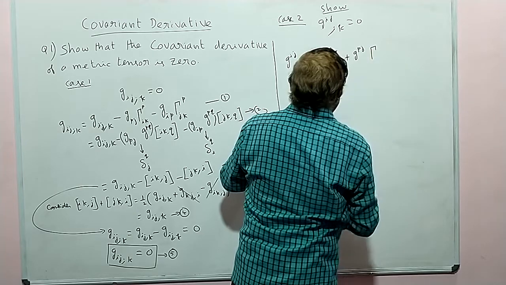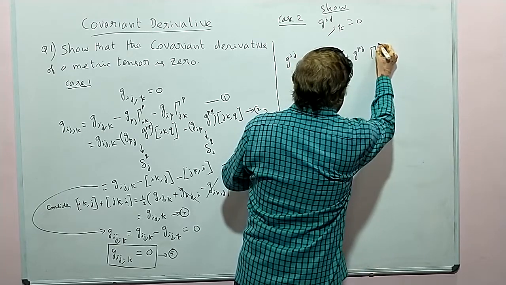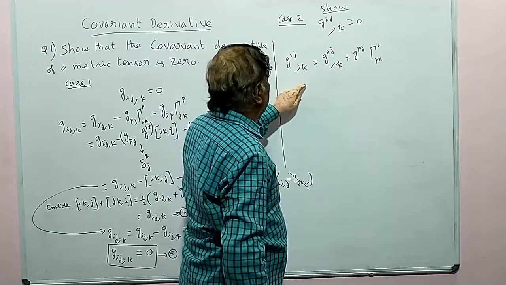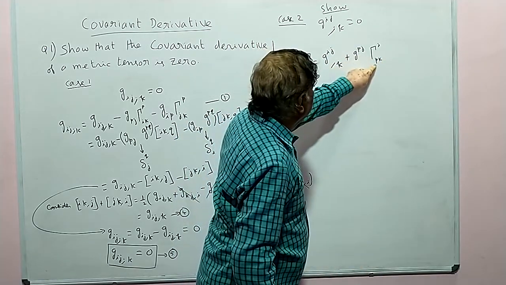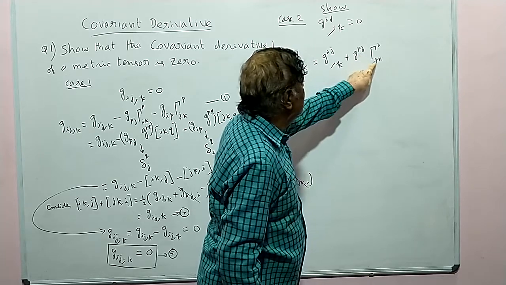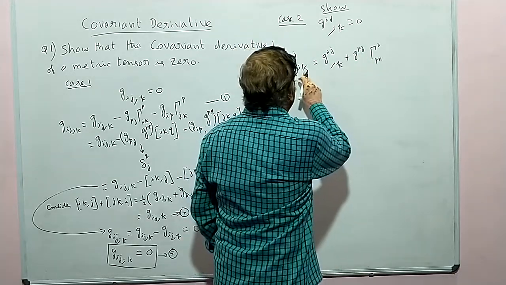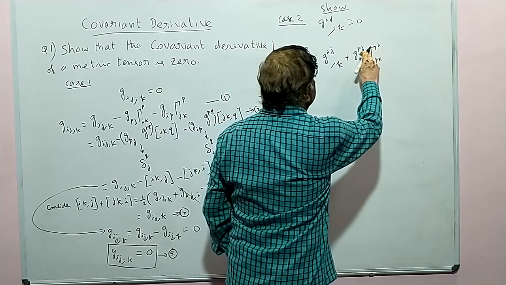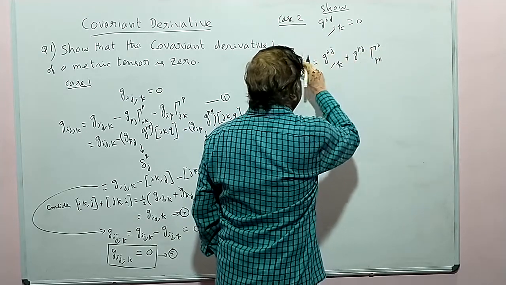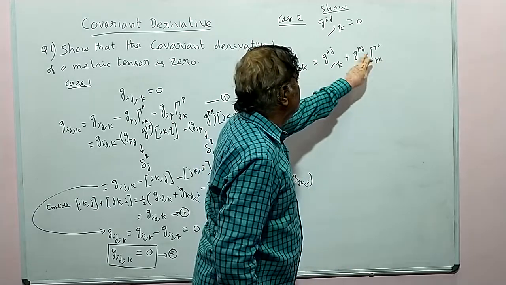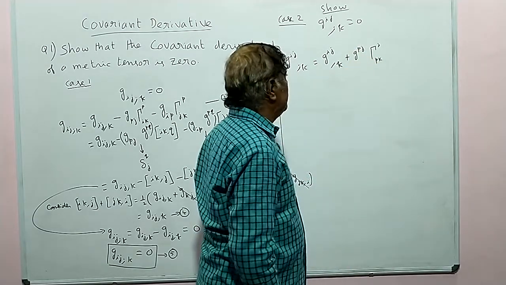gamma, here there is an i, this is pk, because p is a dummy index, it will disappear. Finally, at the contravariant position you have indices i and j, and the covariant position k is present, because this p will disappear during summation.